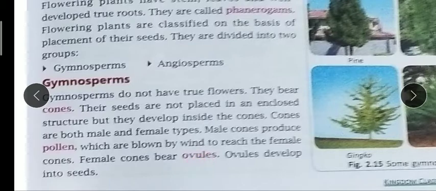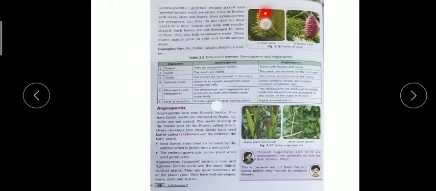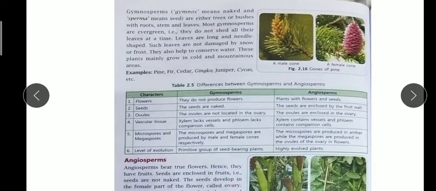They contain ovules, and we all know that ovules develop into seed. So the concept is the same, but you should remember that gymnosperms do not have a proper seed, so their seeds are present inside the cones only. Male cones contain the pollen grains, which are the male gamete, and female cones contain the ovary part.